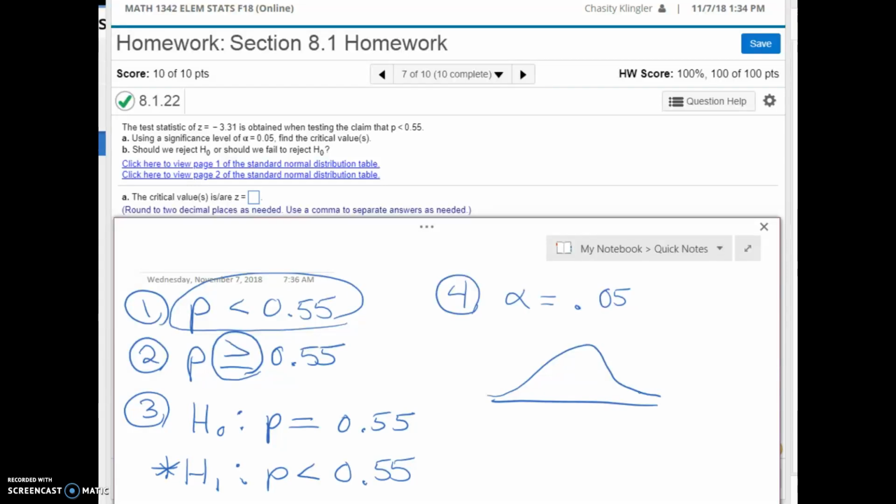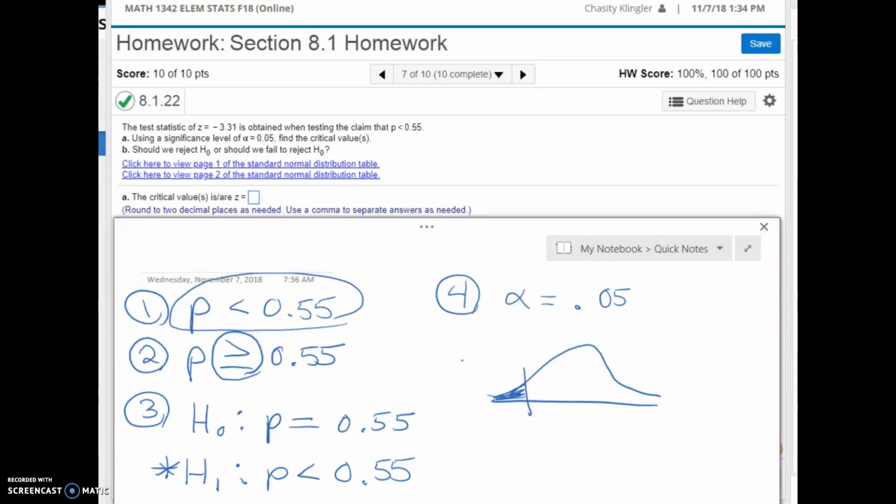From our alternative hypothesis, this is less than, it tells us which tail we are. Less than is going to be left-tailed, so that means we're on the left side of our bell curve. If this was greater than, we would be right-tailed. And we did a two-tailed earlier; if it was not equal to, it would be two-tailed.